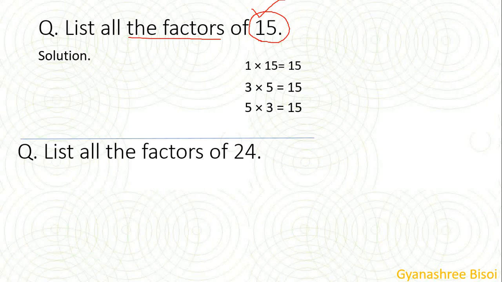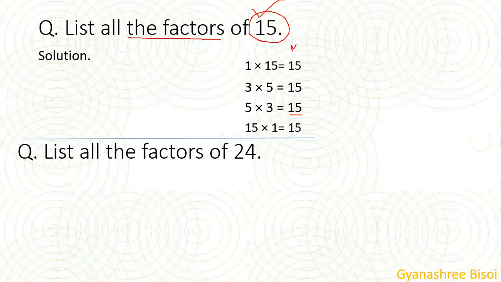Yes. Next, in the table of 6, 15 is not there. 7, no. You keep on finding like this. Go till the given number. So 15 multiplied by 1 equals 15. Right? Now, I got all the factors.